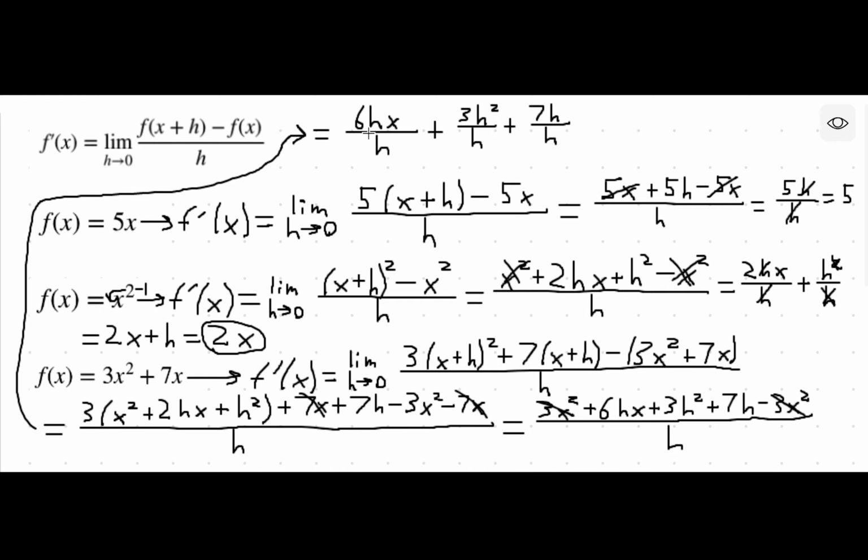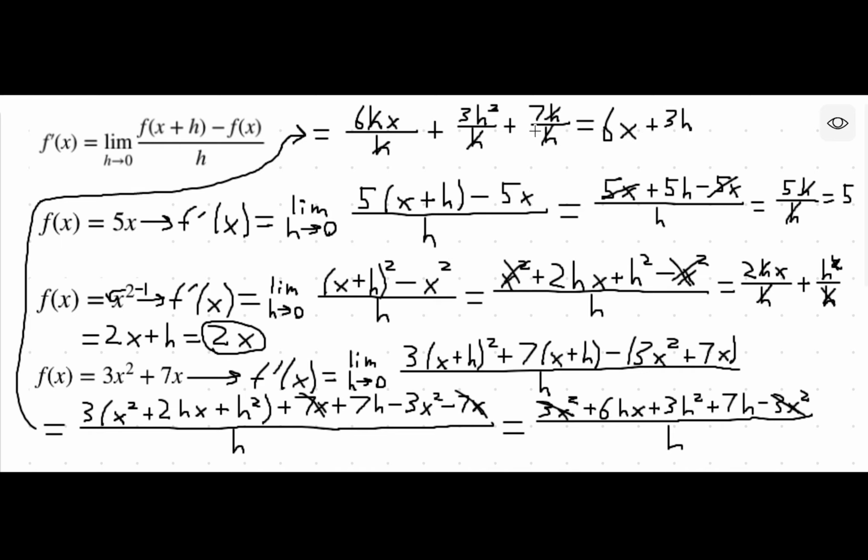So for the first term, the h's cancel out. And for the second term, I have an h squared and an h. So the h squared becomes an h, and the h in the denominator cancels out. And then for the last term, the h's cancel out. So for the first term, I'm left with a 6x. And then for the second term, I'm going to have a plus 3h.